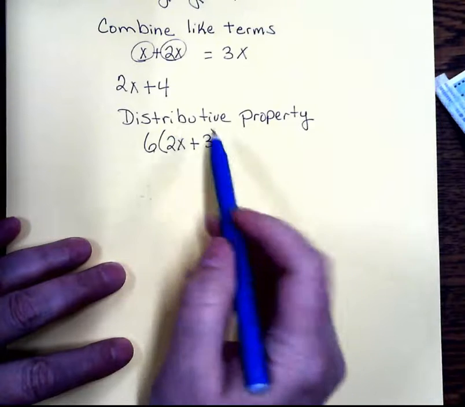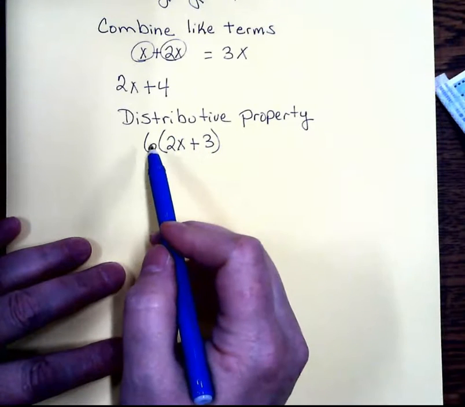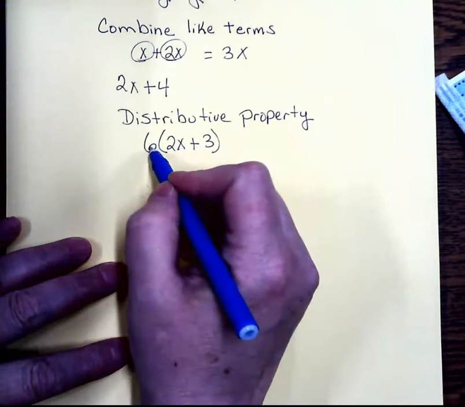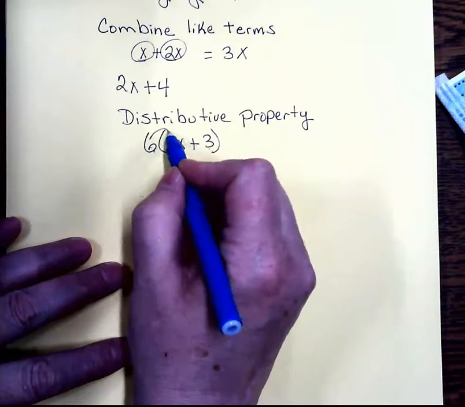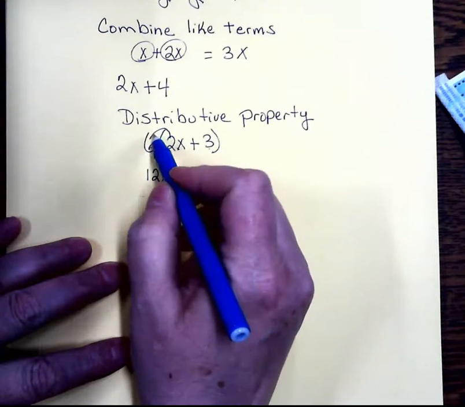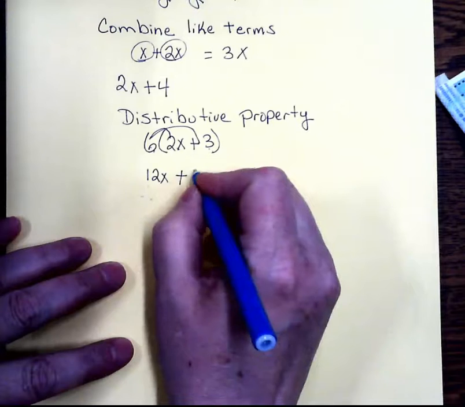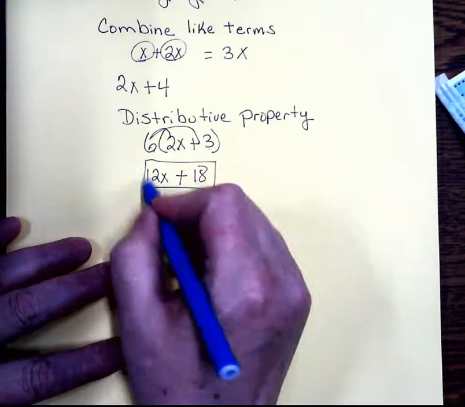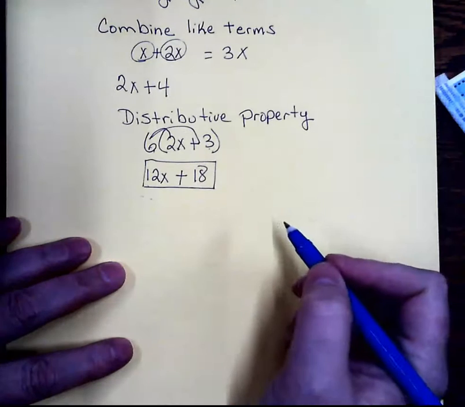So I need 6 2x's and I need 6 sets of 3. So you multiply this number times both. What's 6 times 2x? 12x plus what's 6 times 3? 18. If you can combine like terms from here, you can, but in this specific problem, you can't go anywhere.